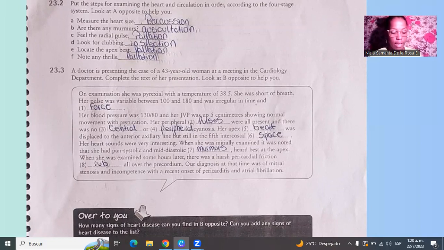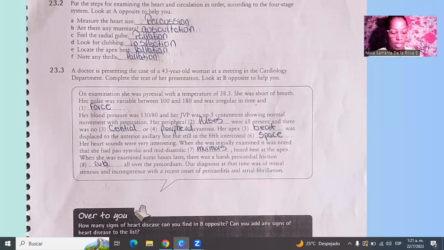Her heart sounds were very interesting. When she was examined, there was a pansystolic murmur, heard best at the apex.